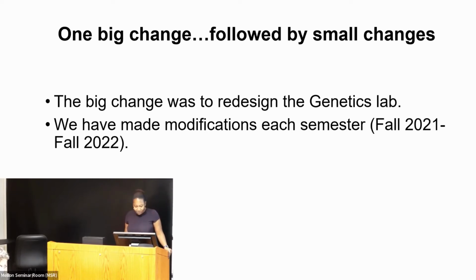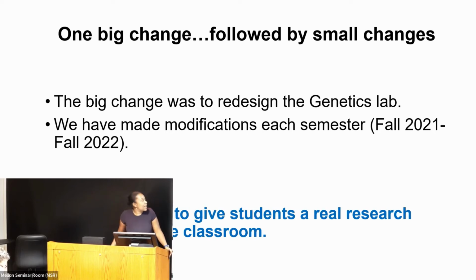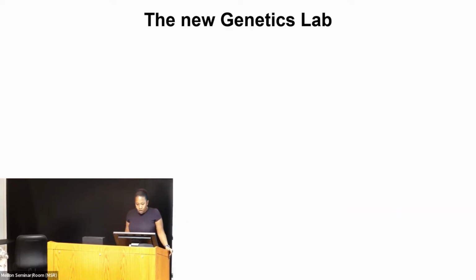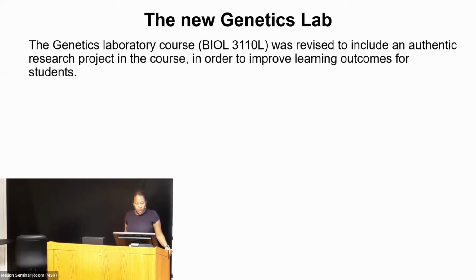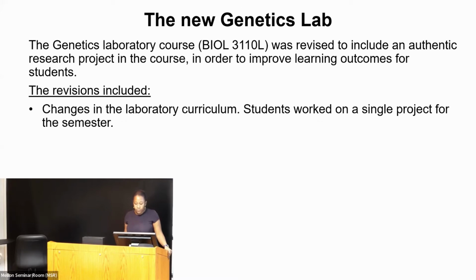And so we made these modifications. The course aims to give students a real research experience in the classroom. The course is an authentic research project, and the goal was to improve the learning outcomes of the students. We had to change the curriculum, and the students work on a single project for the semester. We had to make new PowerPoints.